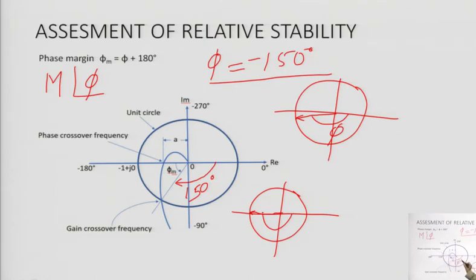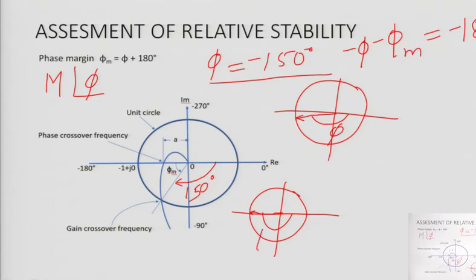That means, what we write, this is minus phi m. For example, we have minus phi m, which is equal to minus 180 degrees.